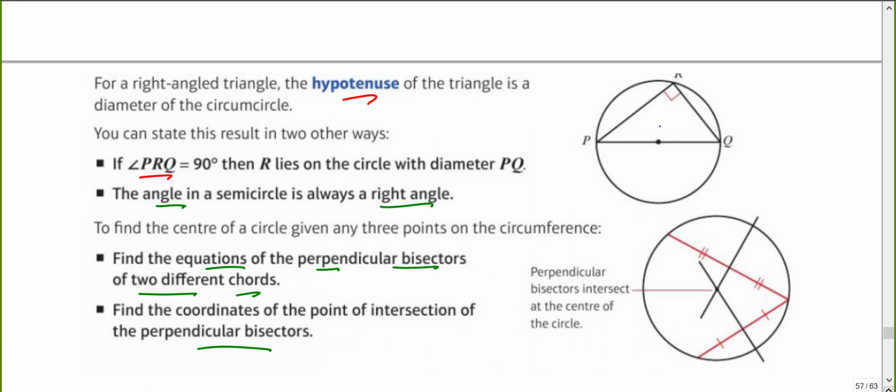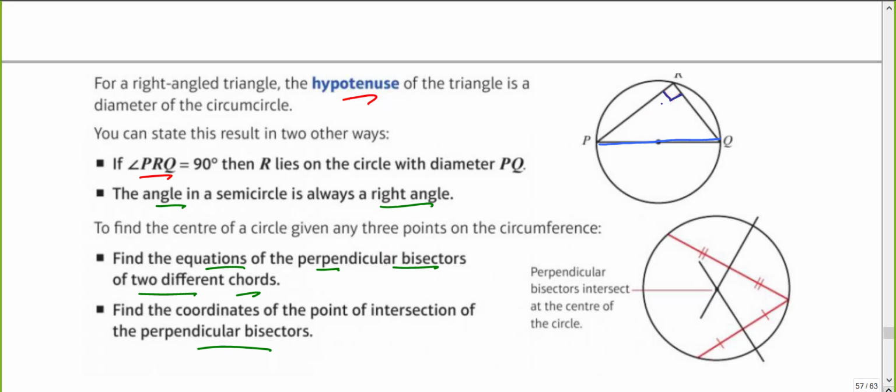Now, there is an important property. If one side of this triangle is a diameter, at the same time a side of the triangle and a diameter of the circle, this means that the opposite angle is 90 degrees.